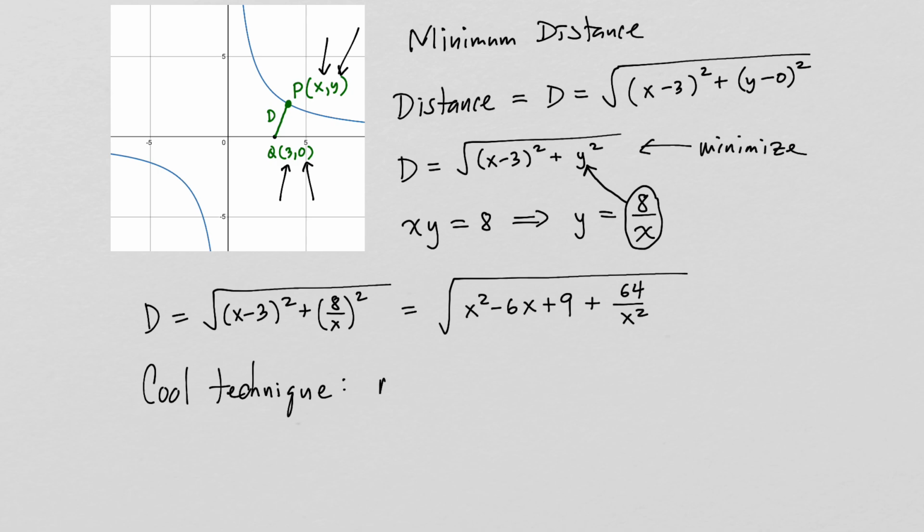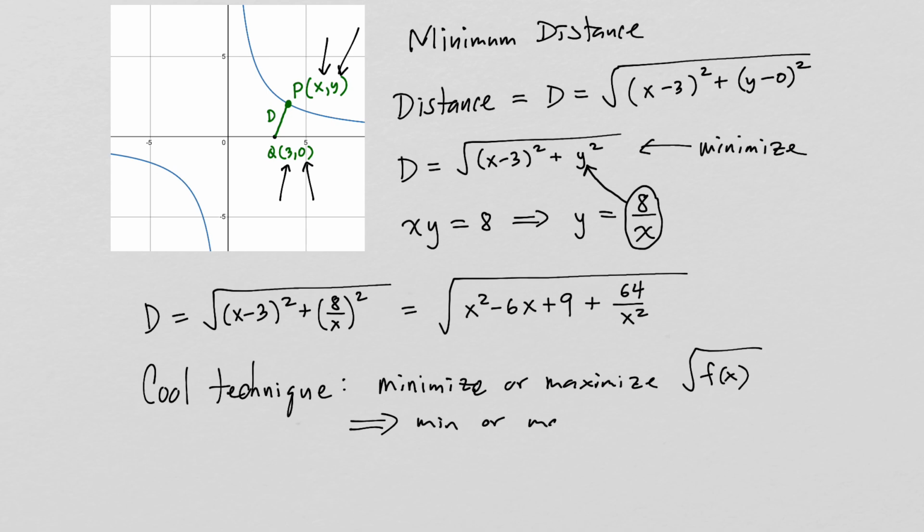If you wish to minimize or maximize the square root of some function f of x, you only need to minimize or maximize f of x. Now think about this for a minute.